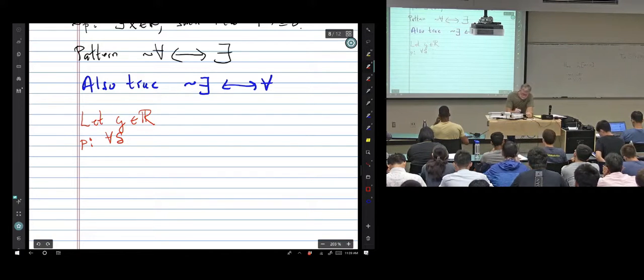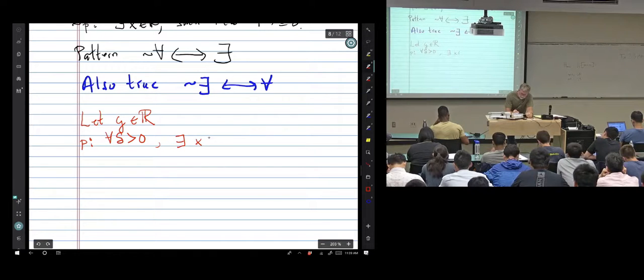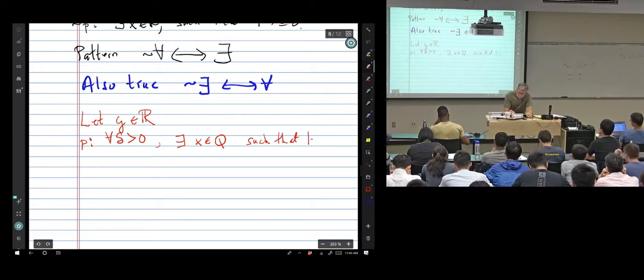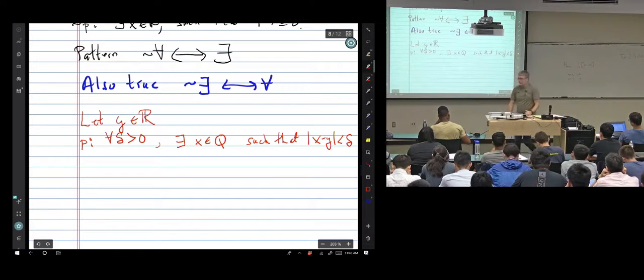I should look at the right example. My apologies. For every delta positive, there exists an X in the rational numbers such that X approximates Y with an error that is no bigger than delta.